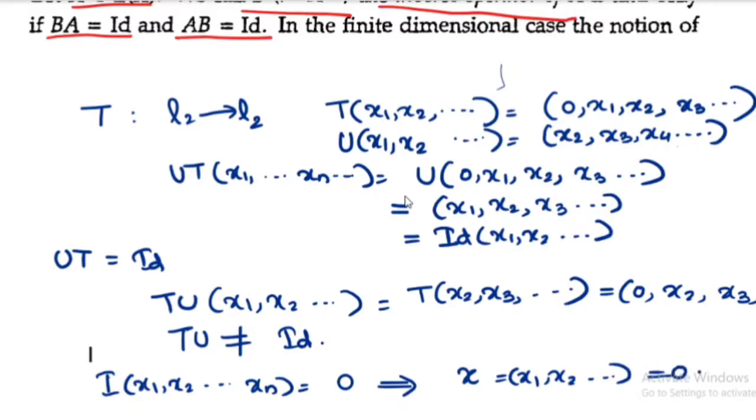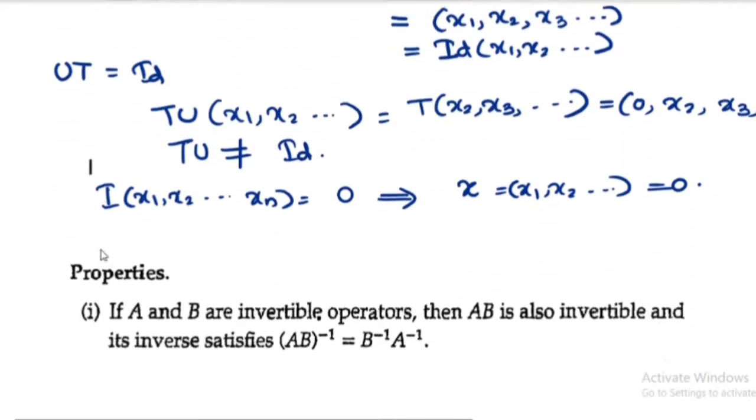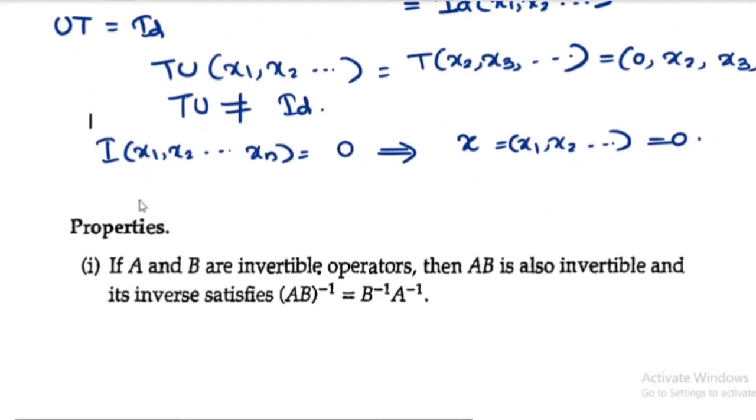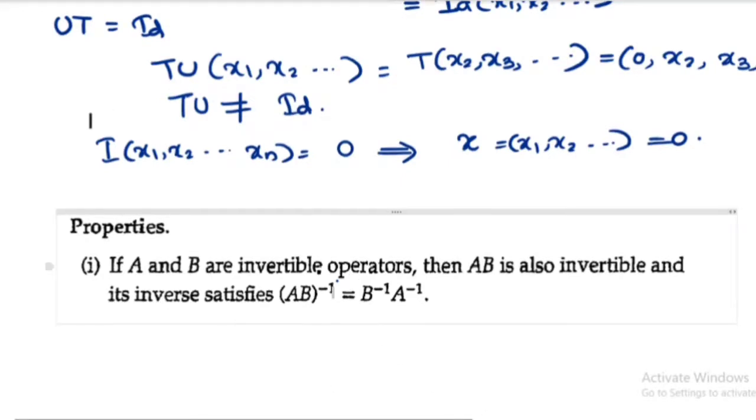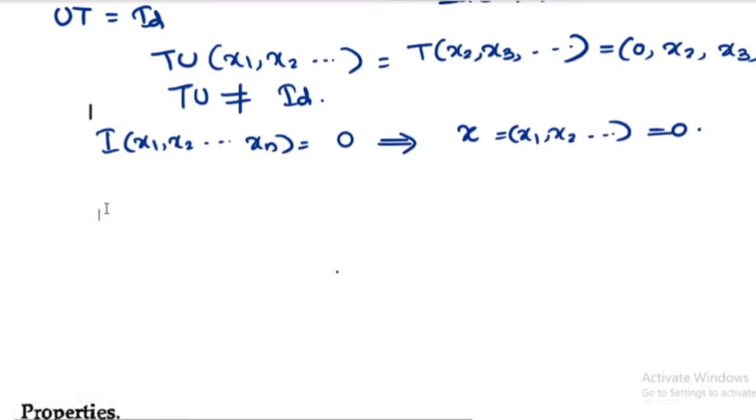But in this case UT is equal to the identity operator. But what about TU?